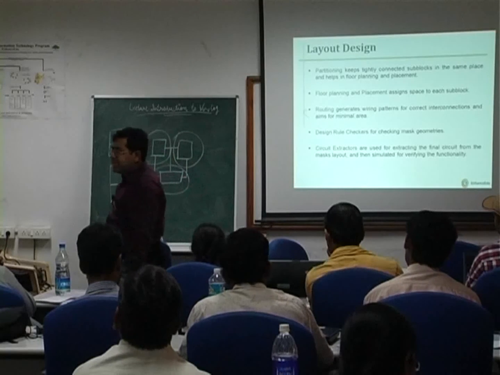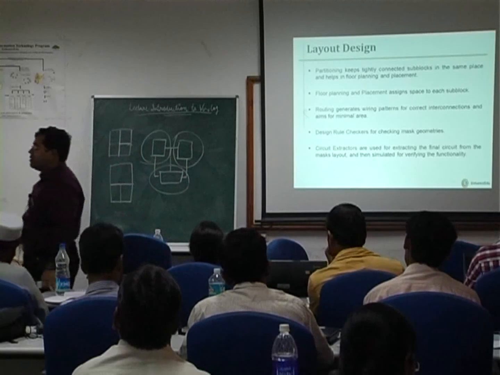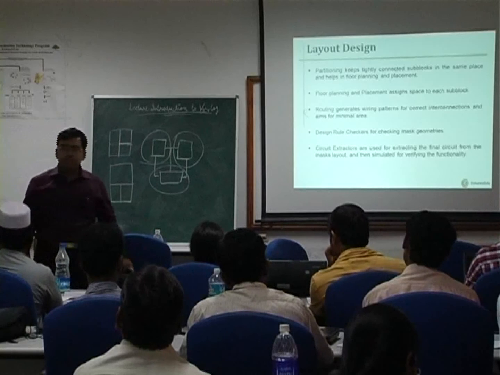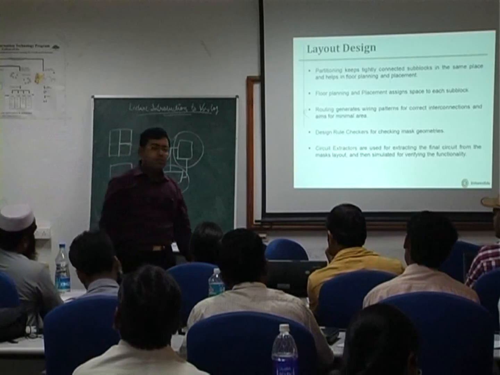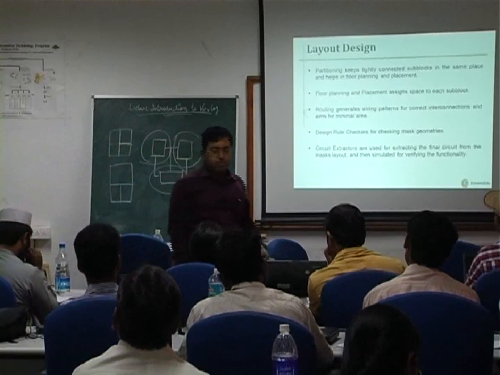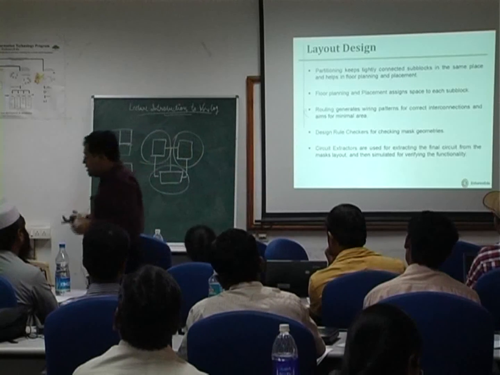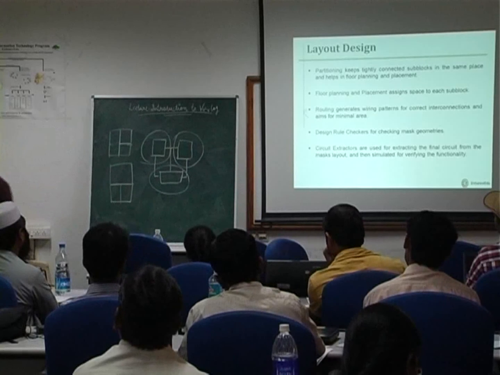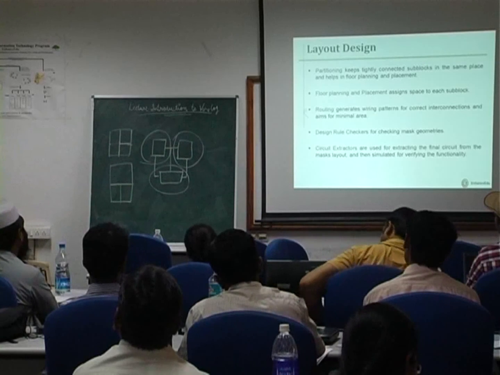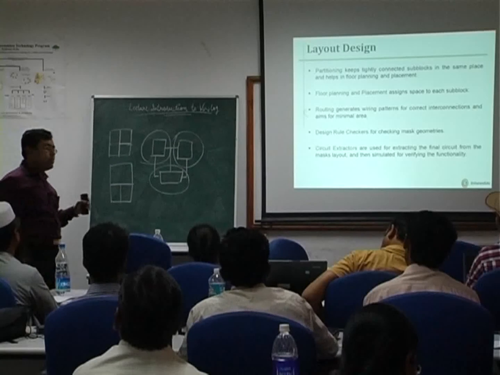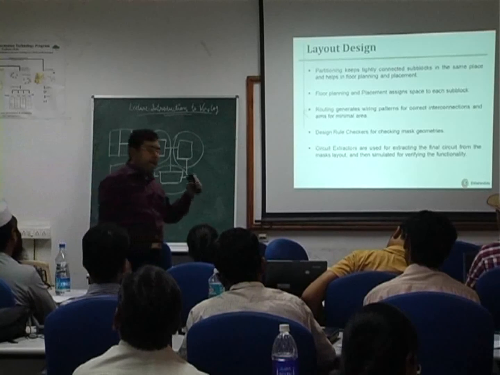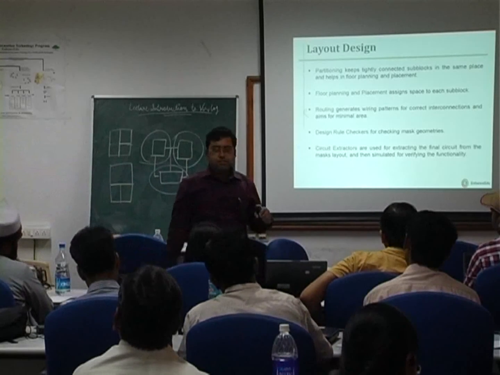After the floor planning is done, we find out the exact location and exact size of the individual components in the placement phase. Till the placement phase, we are concerned with the individual components only. We are not concerned about the interconnections of the components. That comes in the routing phase.